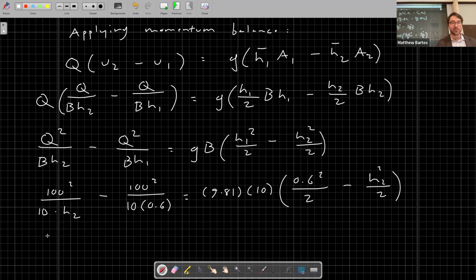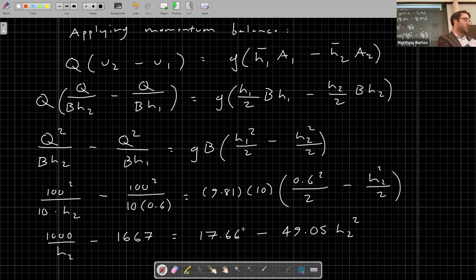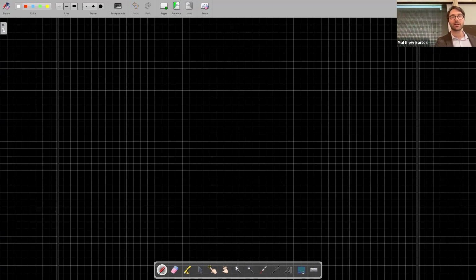We evaluate this expression, and we should get 1,000 divided by H2 minus 1,667 is equal to, this first term here will end up being 17.66. And then this last term here will be negative 49.05 H2 squared. If we multiply through by H2, we will end up with a cubic polynomial.